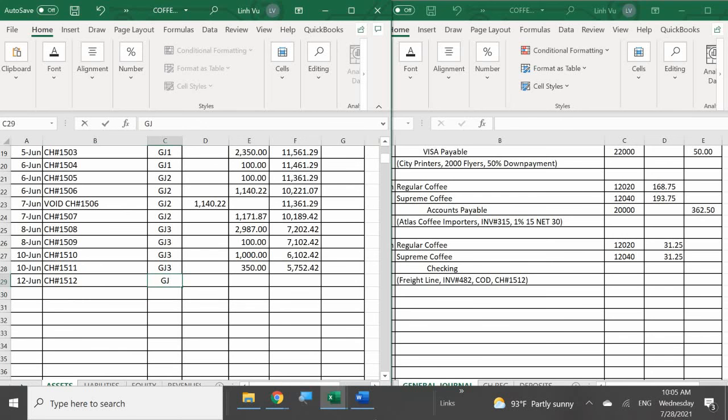General Journal number 4. And this time I'm going to credit my account for $62.50.